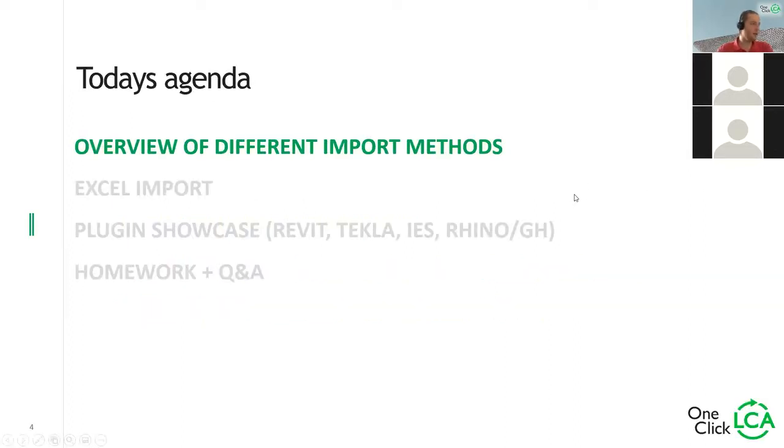Today, we're gonna have an overview of the different import methods for One-Click LCA. Then we will have an example of importing an Excel file. And then we'll have some showcases of the Revit plugin, Tekla, IES, Rhino, and Grasshopper. And then just very briefly, we're going to look at the homework that you can do after this session.